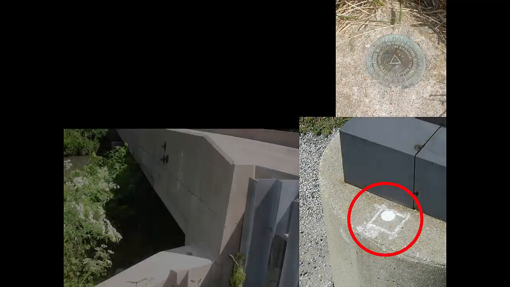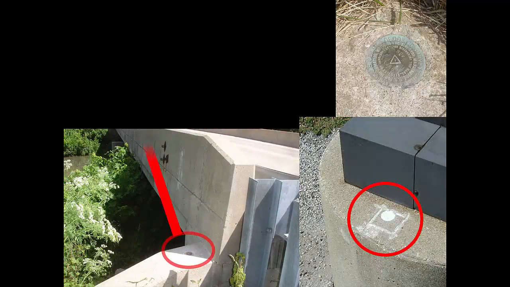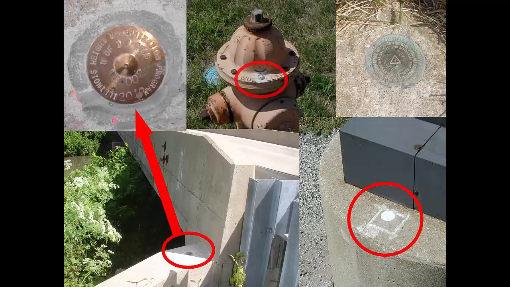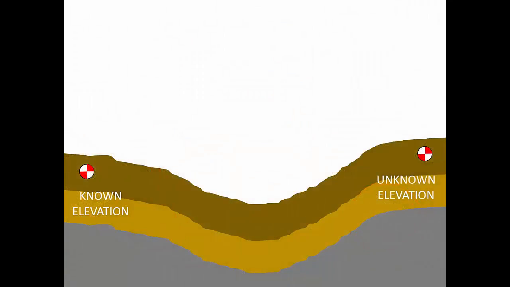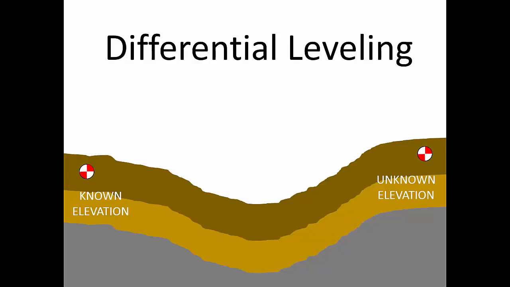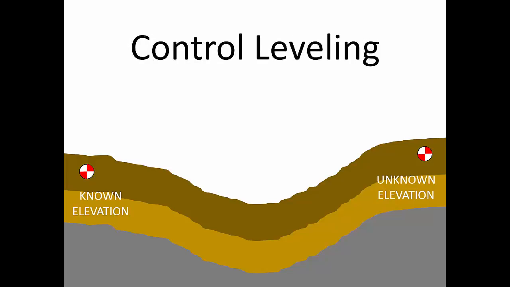Benchmarks come in many forms and are attached to everyday objects like bridges and fire hydrants. Let's walk through a typical level circuit we call benchmark leveling. You may hear this process called differential leveling or control leveling as well.